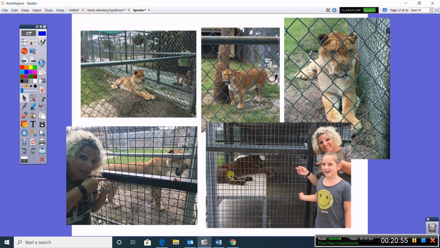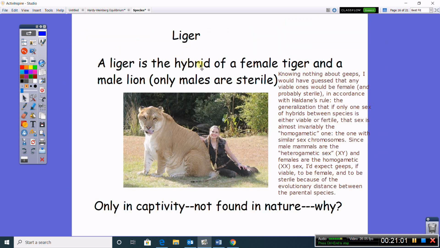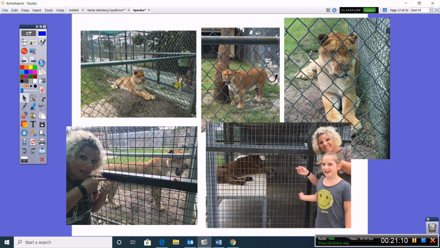And that one, that's the closest I could get. That's actually a tigon. So if we go back a second, a liger is the hybrid between a female tiger and a male lion. So a tigon is the opposite. It's a male tiger and a female lion. And so that's what that one is there. The rest of these are all the pictures of the liger.